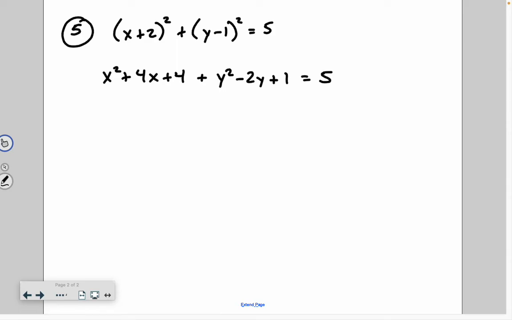So even though it looks worse, we're about to make it much nicer. As we go through, let's start with the constants. Notice we have a plus 4, plus 1, which gives you 5. If I subtract that to the other side, those all cancel out. So the 4, the 1, and the 5 all become 0 if you subtract those over to the other side.